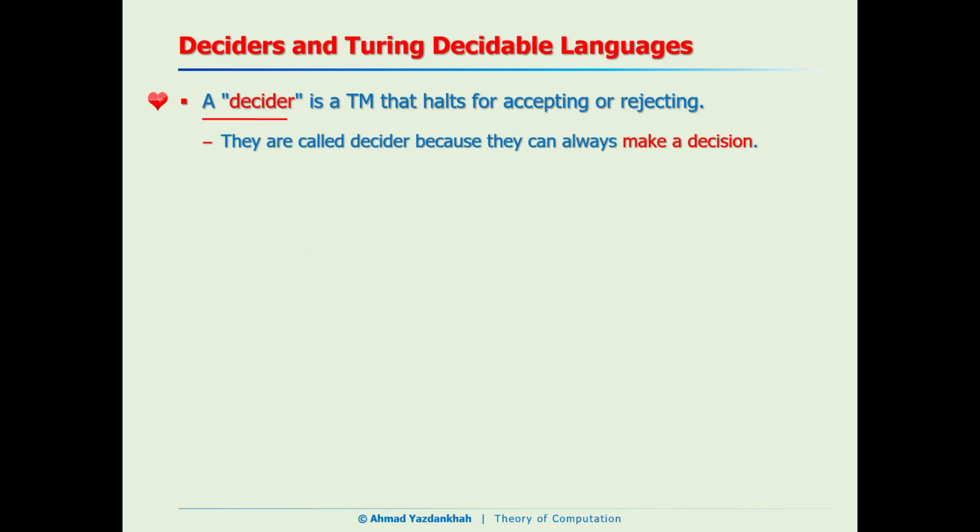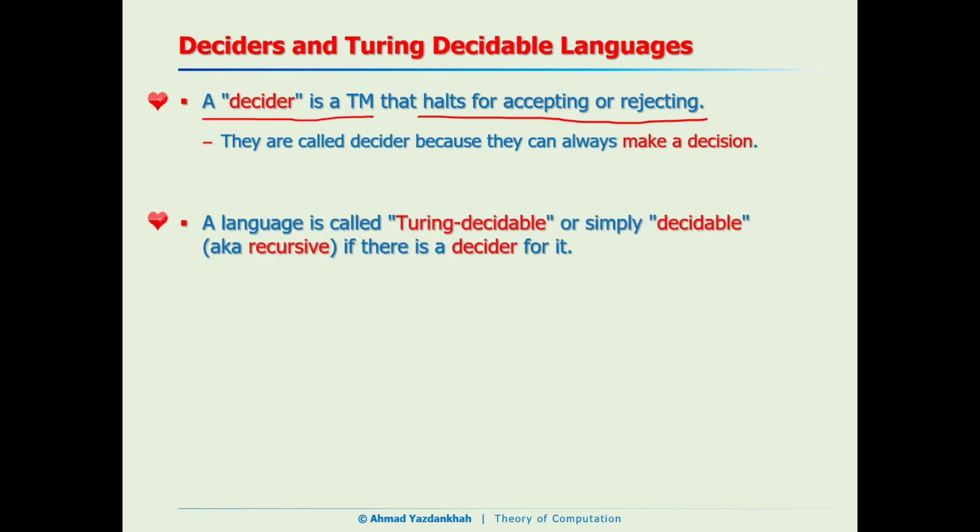So a decider is a Turing machine that halts for accepting or rejecting. So if we say that this Turing machine is a decider, it means that it always halts and we are sure that this Turing machine never gets stuck in an infinite loop. In other words, they always can make a decision clearly, all right?